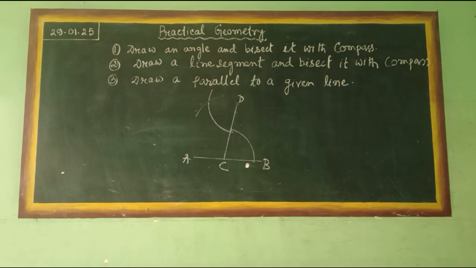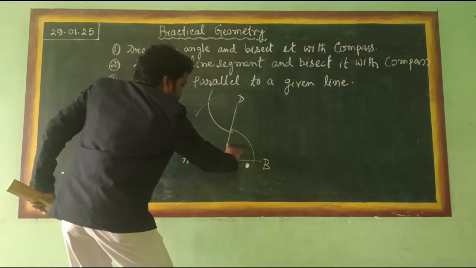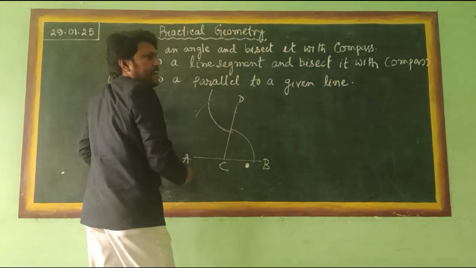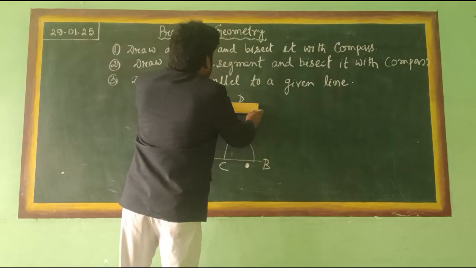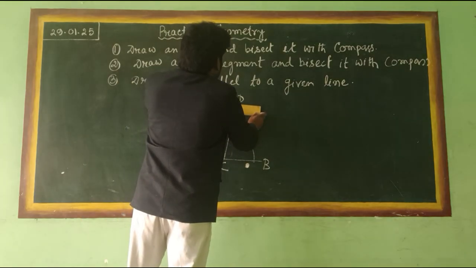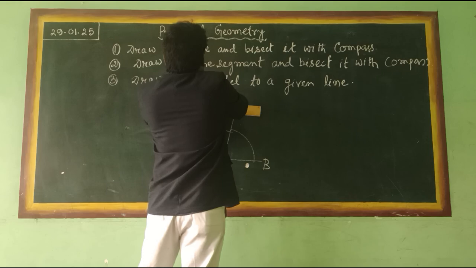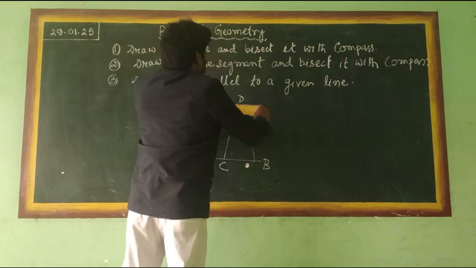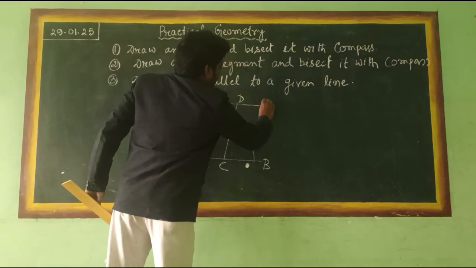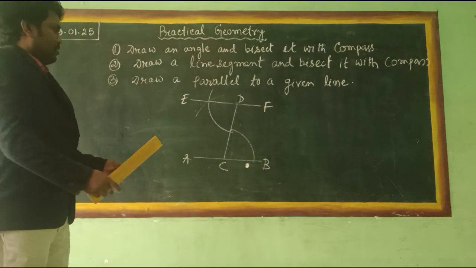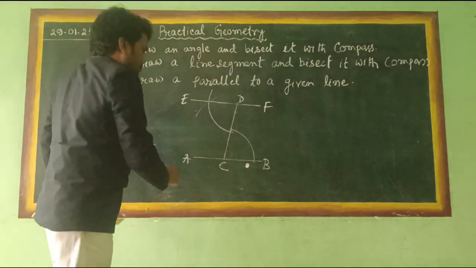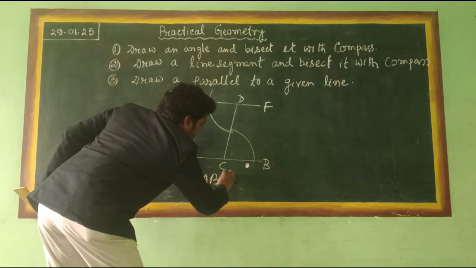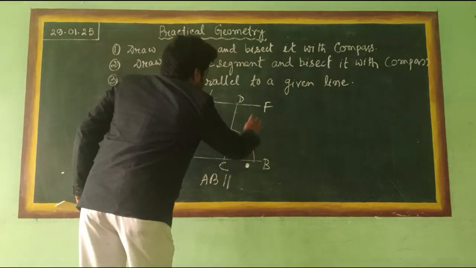Alternate angle. This angle is alternate to that angle. Then join the two points. Suppose it is EF. So AB parallel EF, AB parallel symbol EF.